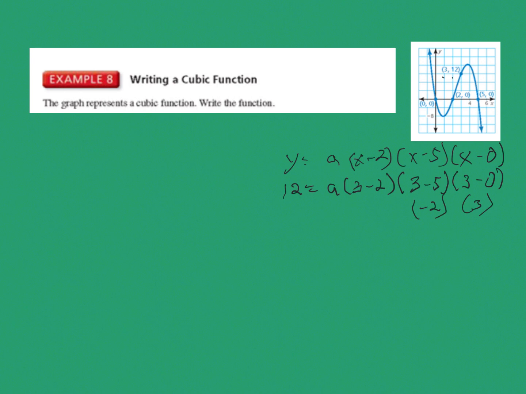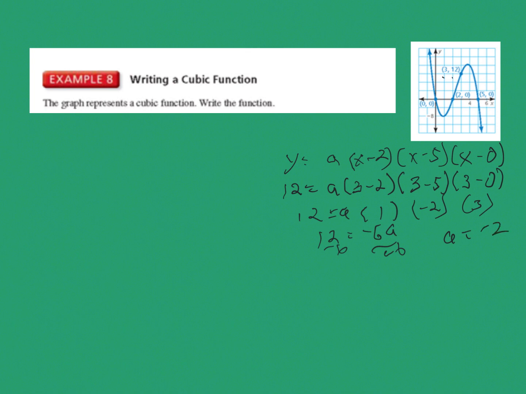And 3 minus 2 is 1. Negative 6. So 12 is equal to negative 6a. We're going to divide by negative 6 again, and our a value is negative 2.